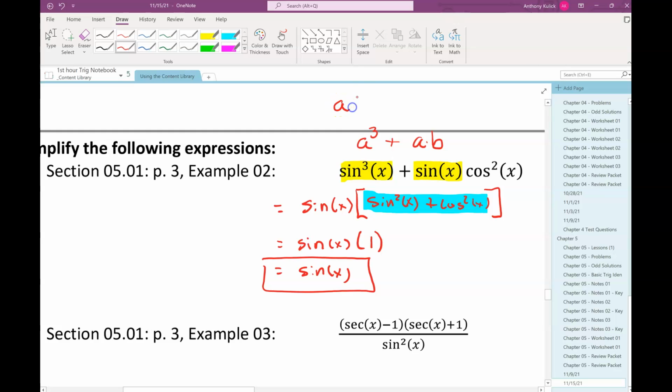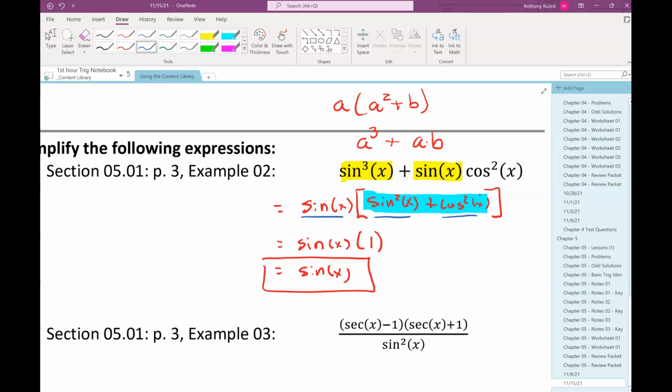So I can factor an A out, and I'd have this, right? Which is what I have here. I have A times A squared plus B, where the A's are sines and the B's are cosines. You see how it's still kind of the same thing? So all I did was some factoring. I didn't use any identities. Is that okay?